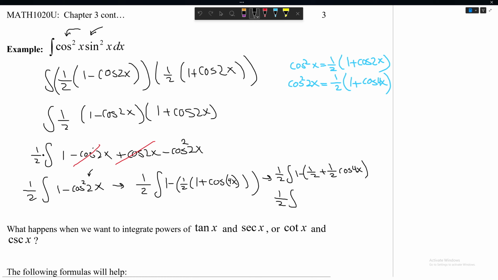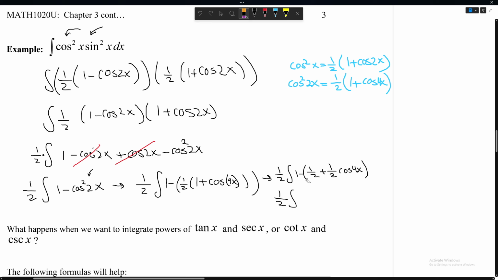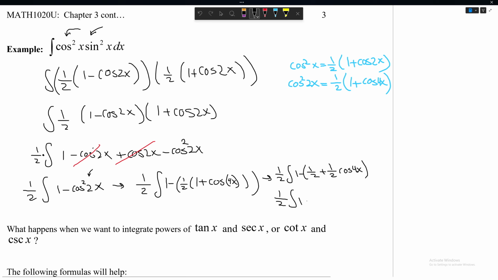And so this will become 1 minus 1/2, which is 1/2. Then the negative will apply to this, which becomes negative. I just went a step ahead here, so I'm going to actually go back a step in case you guys get confused on this part. So minus 1/2 minus 1/2 cos 4x.